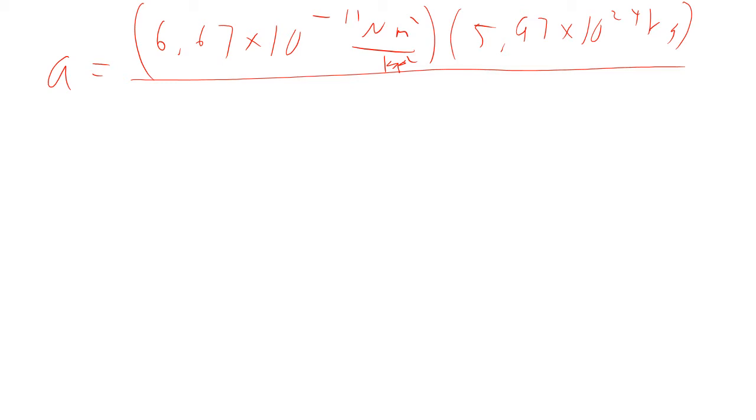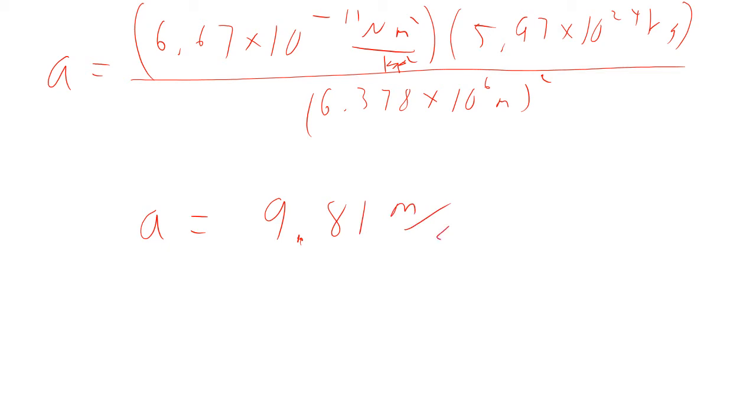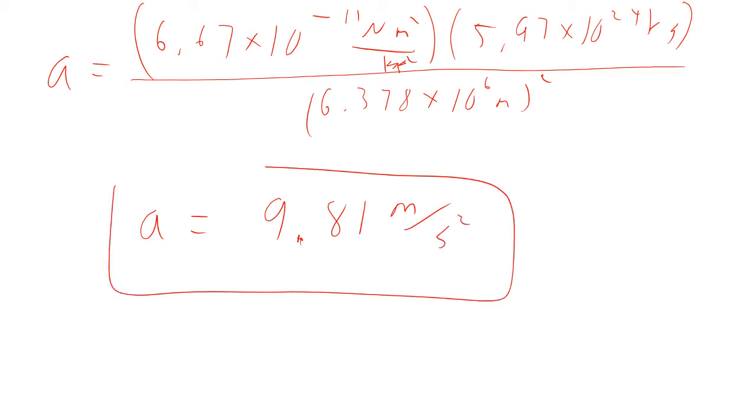The average radius of the Earth is 6.378 times 10 to the 6 meters, squared. What we get is 9.81 meters per second squared.